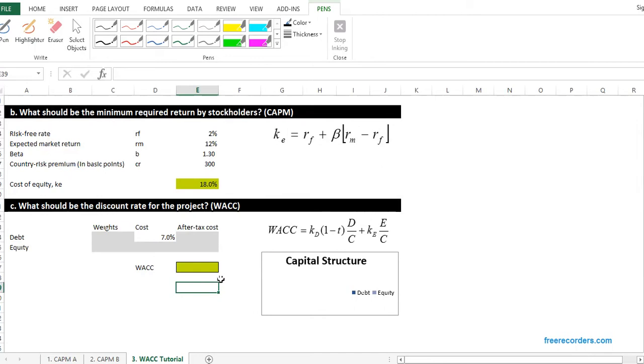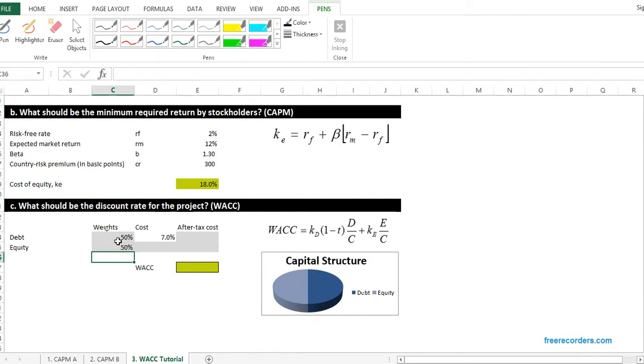Okay, now we know that the stockholders of this project should at least obtain 18% per year in US dollars for the project to be attractive. But this would be the WACC or the discount rate for a full equity project. But again, in this project, the capital structure is 50-50.